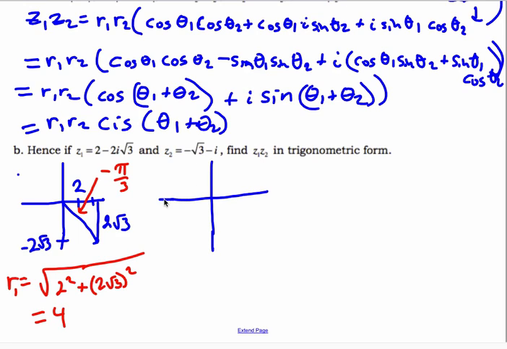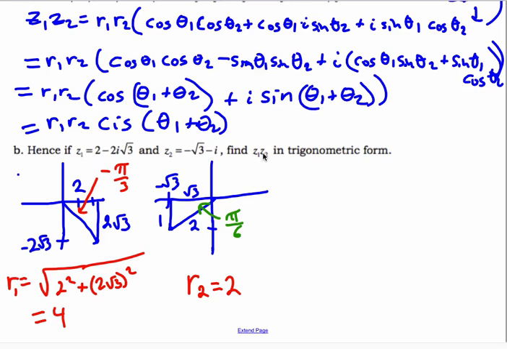Okay, for z2, both of those are negative, so we got negative root 3 and negative 1. Maybe I should draw that a little bit more to scale, and it's a bit easier to see what kind of triangles we're dealing with. Alright, so in this situation, this is root 3 and this is 1, and this is going to be 2. So we can already see that the modulus is going to be equal to 2, and that angle is going to be, it's like a 30-degree angle, so it's pi over 6.